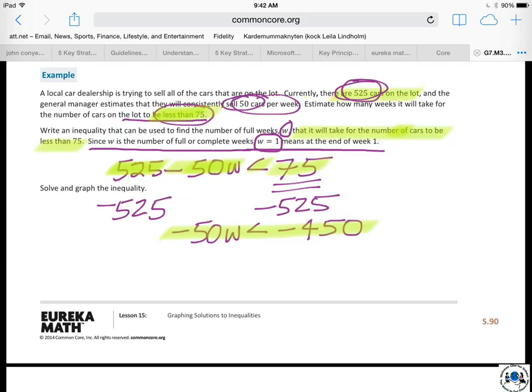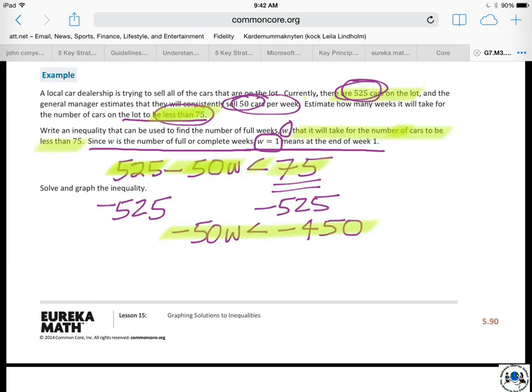If you remember, we talked about this last lesson. Because we've made our zeros by adding a negative 525 to both sides, we now have to multiply by the reciprocal of negative 50, which is a negative number.